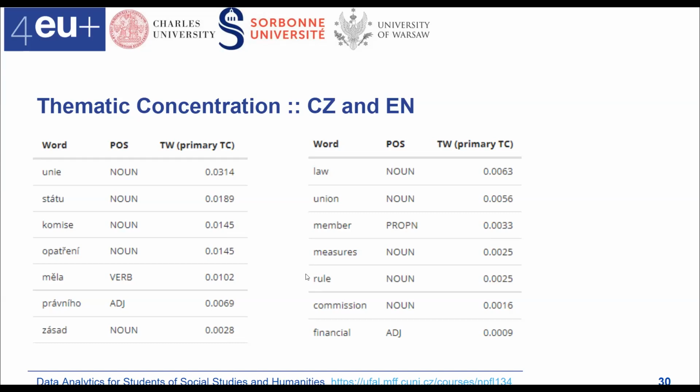But we are focusing on the vocabulary actually used in the language versions. For illustration, here I provide a list of Czech words and English words with the highest thematic concentration. And we can see that the values for Czech words are higher than for English words.